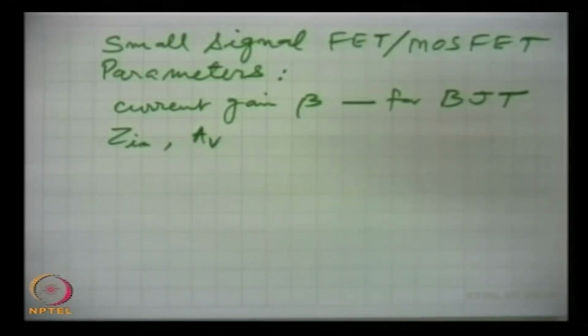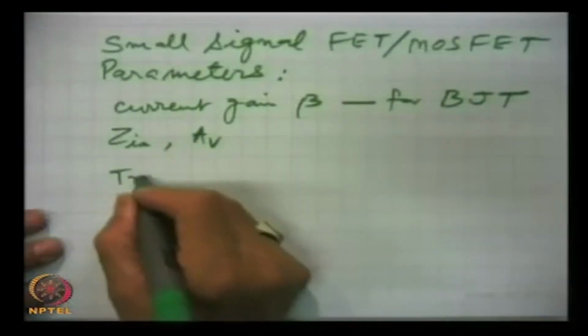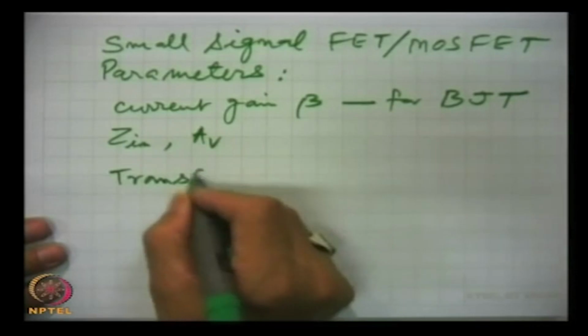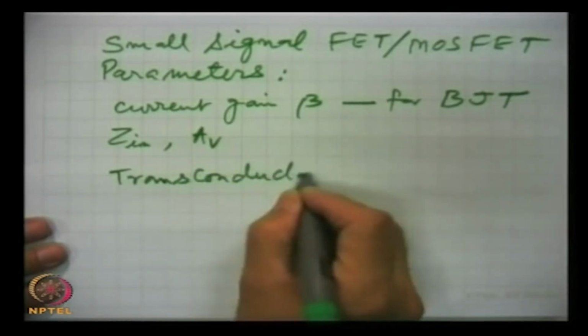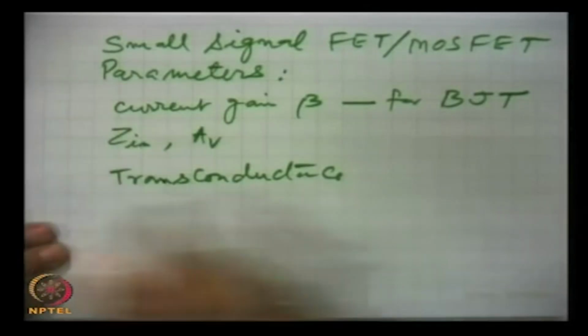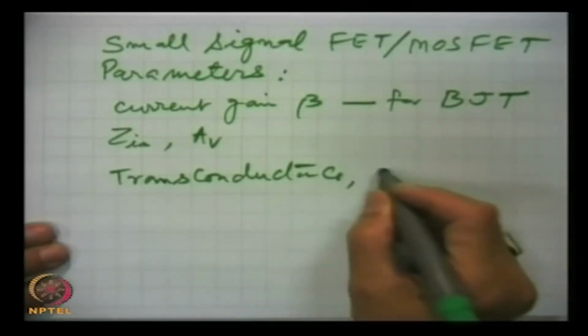Field effect transistors or MOSFETs, they are voltage operated devices. Here the important parameter is transconductance. Transconductance of the device, which is written as GM.